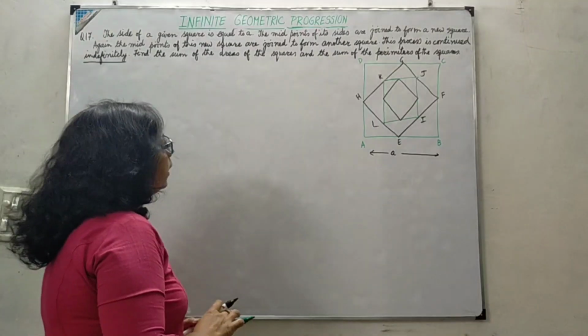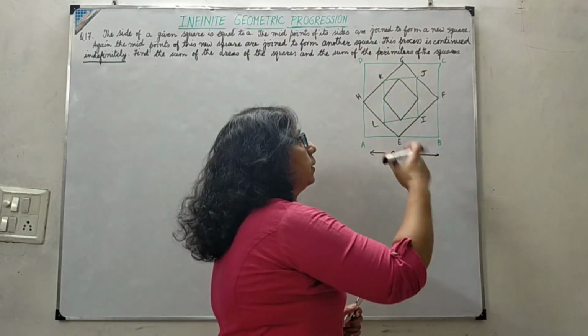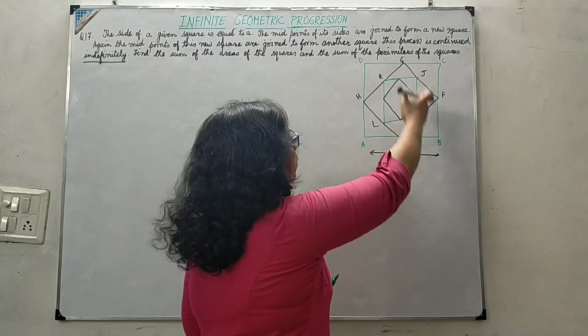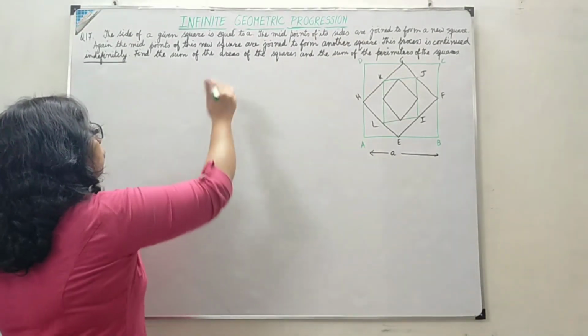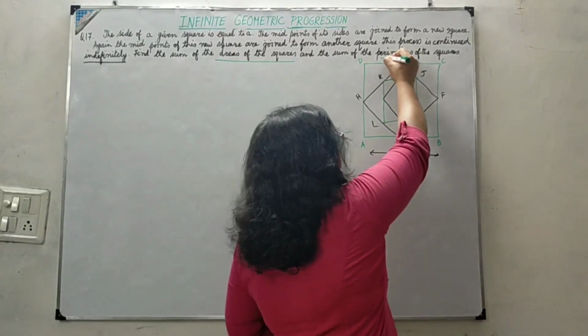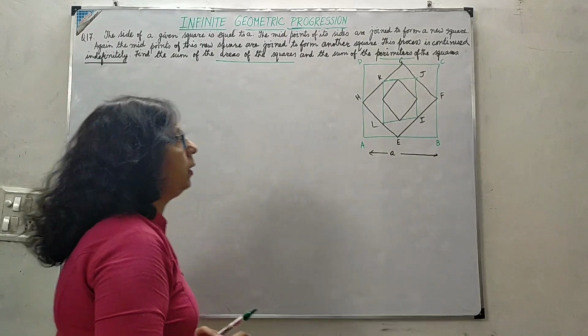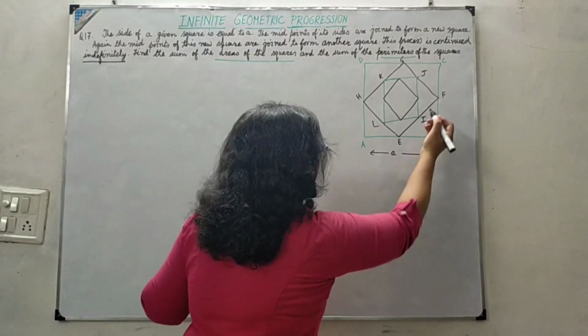Then find the sum of the areas of the squares. So we are getting the square ABCD, then EFGH, then IJKL, etc. This is going on. So we want to find the sum of all these squares' areas and some of the parameters as well. So we will first find the sides for all the squares.